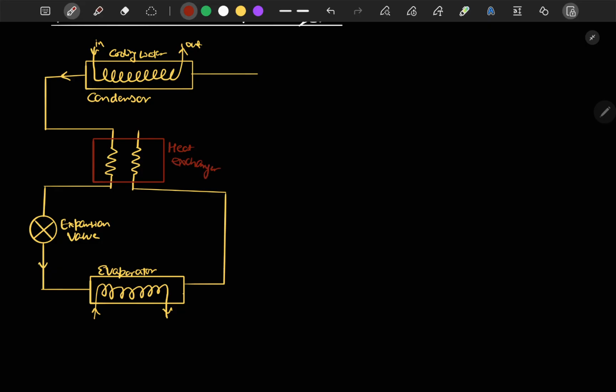So what will it do? It will increase the temperature at the outlet of the evaporator, and the ammonia vapor present will be heated further.